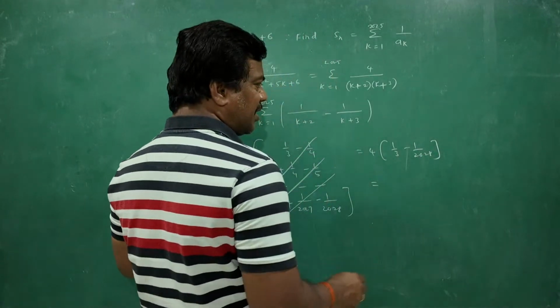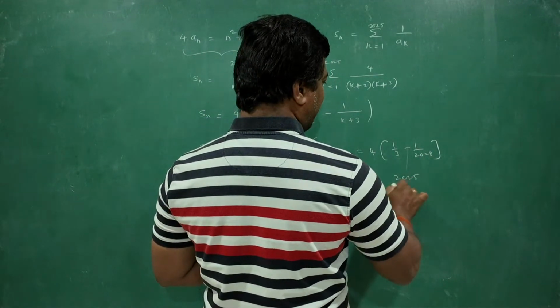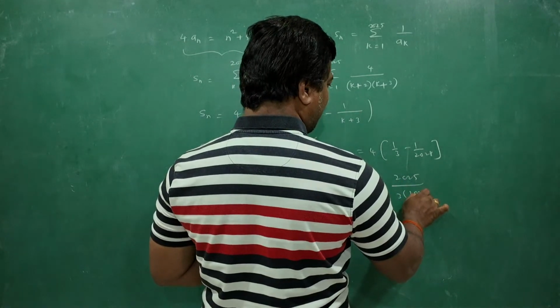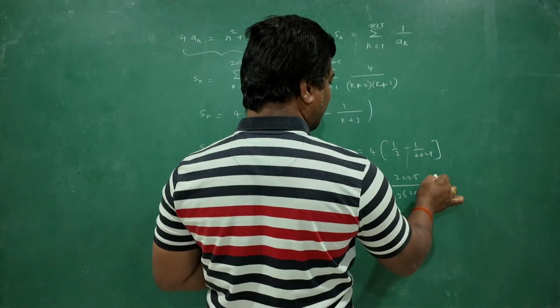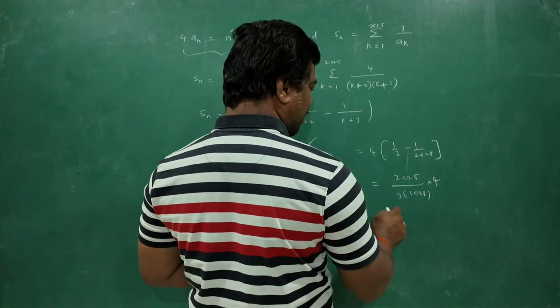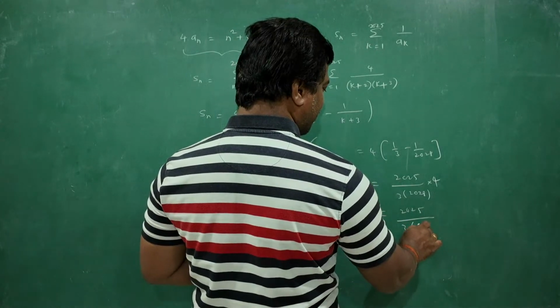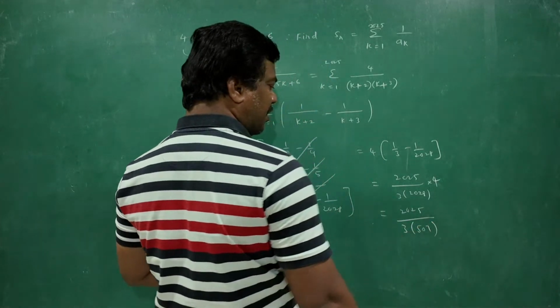So on simplification it is 2025 divided by 3 into 2028 into 4 you will get. 2025 divided by 3 into 507.